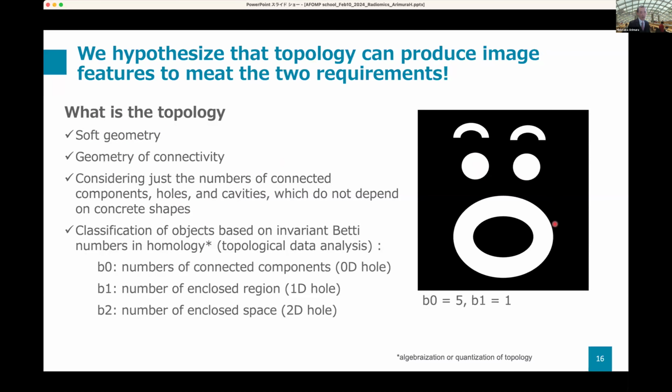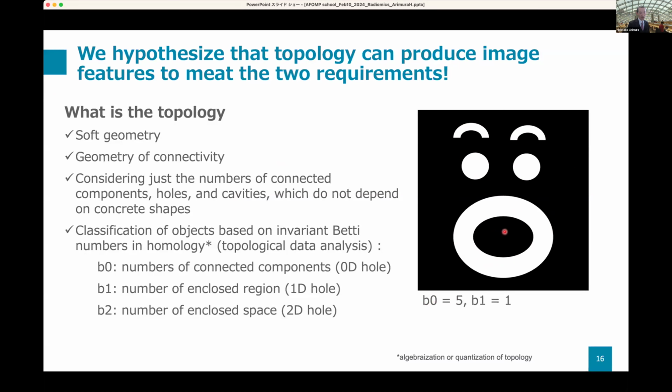A very funny face with eyebrows, eyes and a mouth. We have just 5 connected components, the white regions: 2 eyebrows, 2 eyes and 1 mouth. So in this case, B0 is equal to 5. B0 means the number of connected components. And the mouth has a black region here.